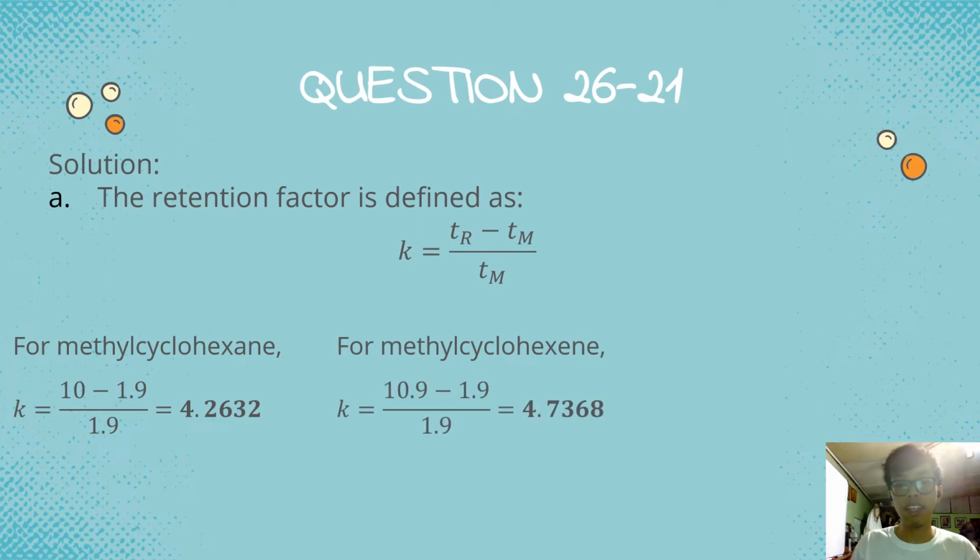For methylcyclohexene, doing the same, for a tR of 10.9, it gives us 4.7368. And for toluene, for a tR value of 13.4, it gives us a k value of 6.0526.